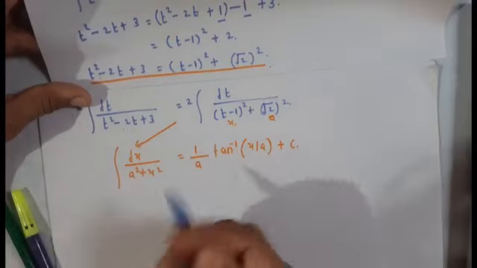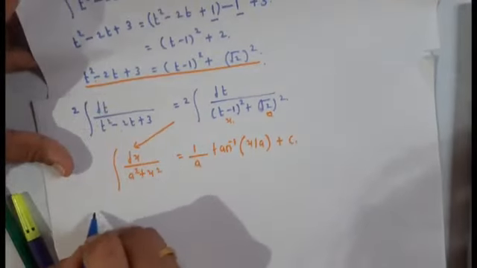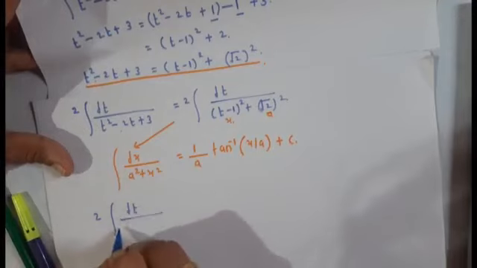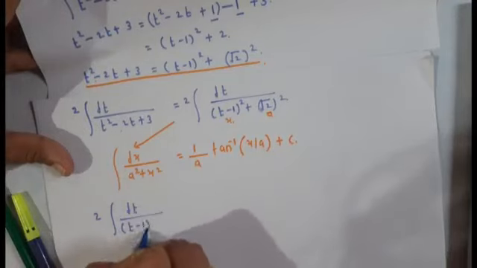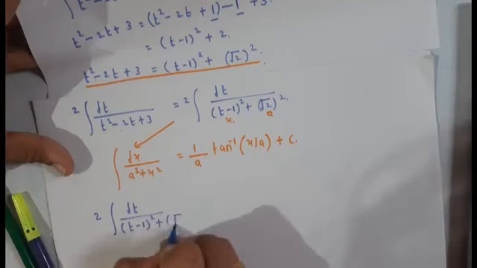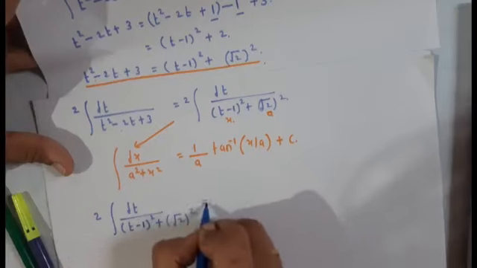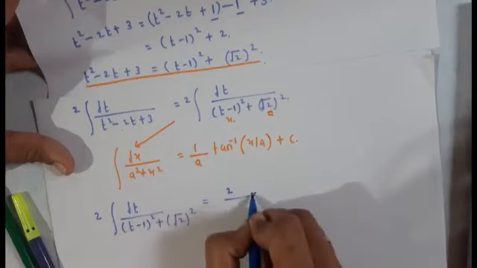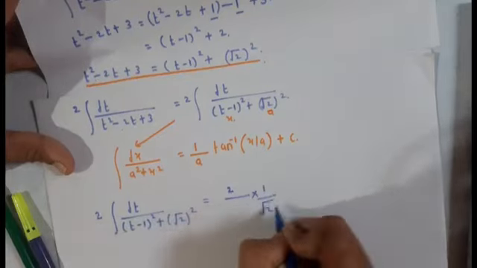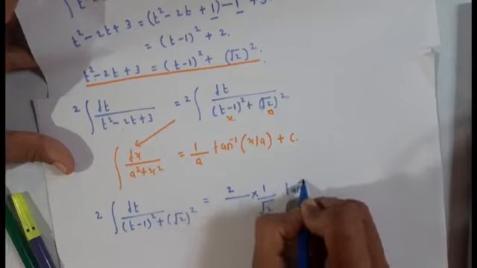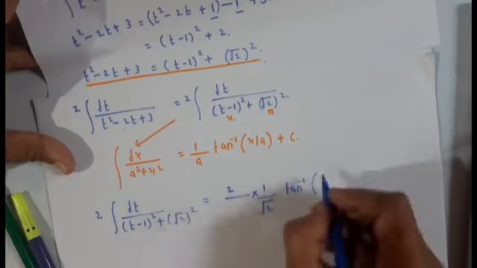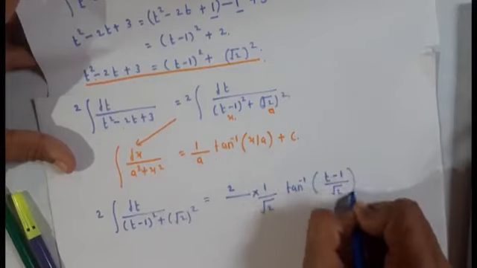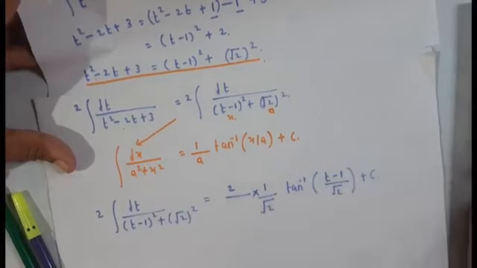Okay, and therefore the integration of 1 upon t minus 1 whole square plus root 2 whole square, that is 1 by a, this 2 is constant, 1 by a means 1 upon root 2 tan inverse of x by a. What is the value of x? It is t minus 1 upon root 2 plus constant of integration c.